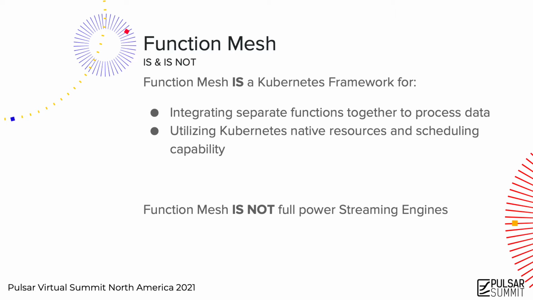Secondly, utilizing Kubernetes native resources and scheduling capability. So function mesh is suited for common lightweight streaming use cases such as ETL jobs, and it's not intended to be used as a full-powered streaming engine.